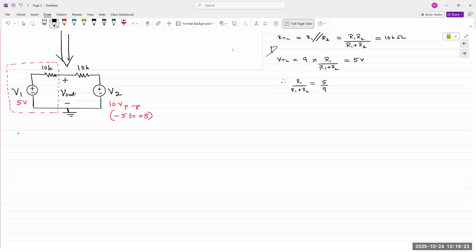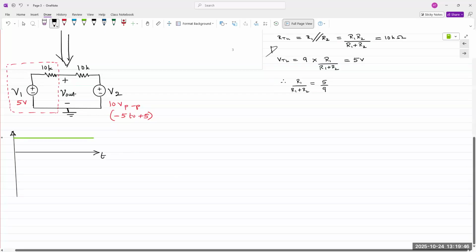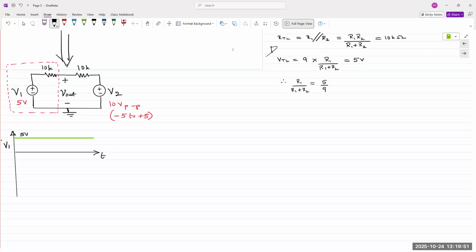So for the first positive half cycle, let's stick with green here and show that this is 5 volts, right? That's your DC V1.